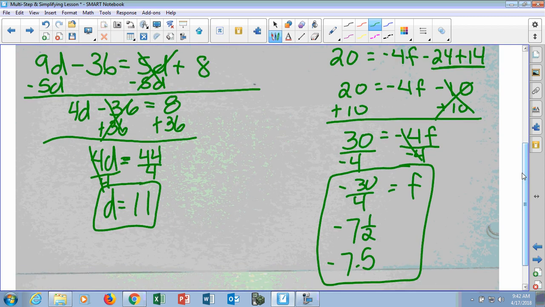All right. So here's what I'm going to have you do. Everyone got this? So you can see we've added the distributive property in. They also have a little bit more steps than the other ones, right? A little bit extra work. Okay.